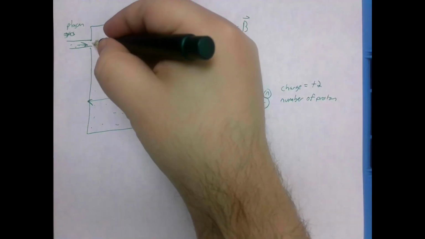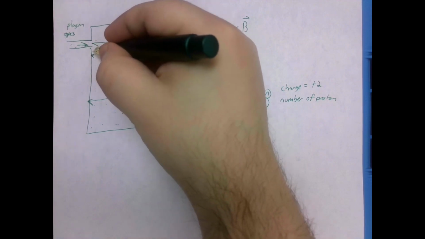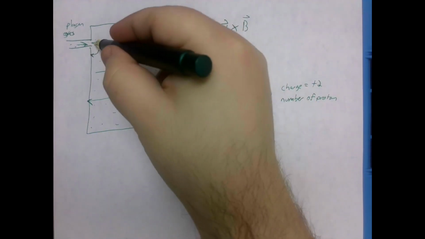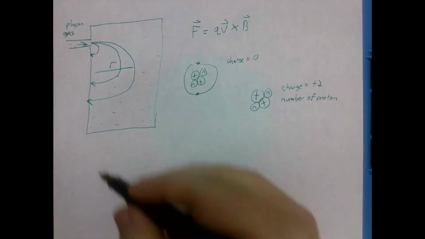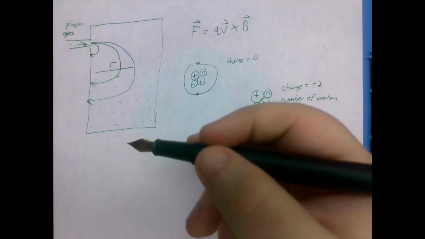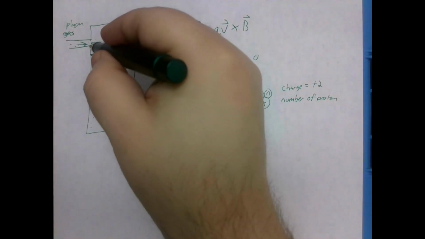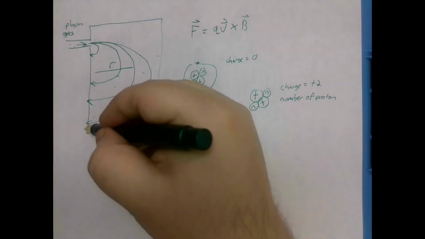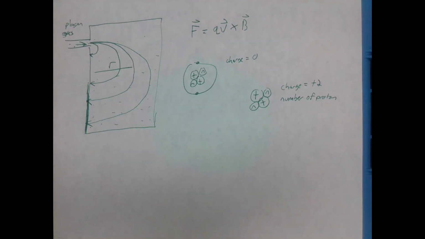So if we send hydrogen through this, it's going to hit this wall with a smaller radius. If we send oxygen through this, it's going to hit with a bigger radius. We send something like lead through this, it's going to hit with a bigger radius. And if we have a detector here that measures the collision, what does that mean?